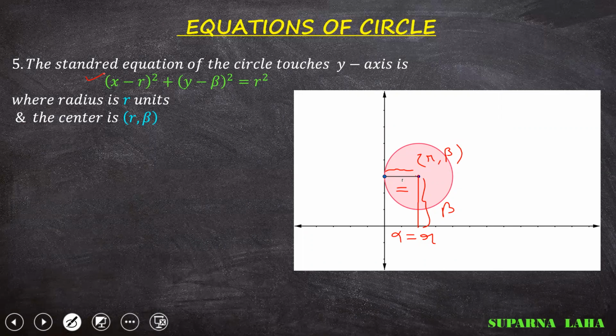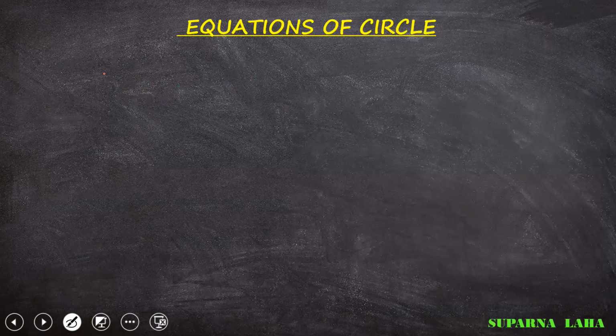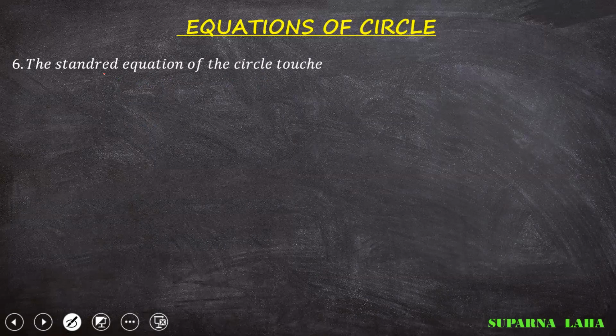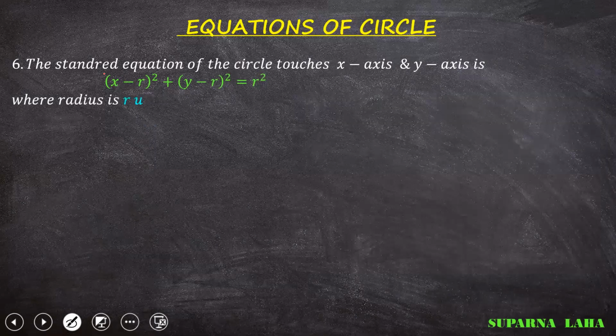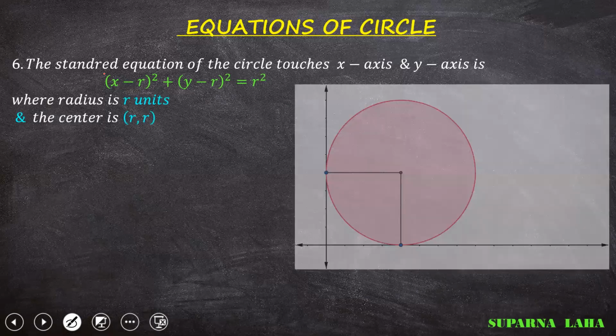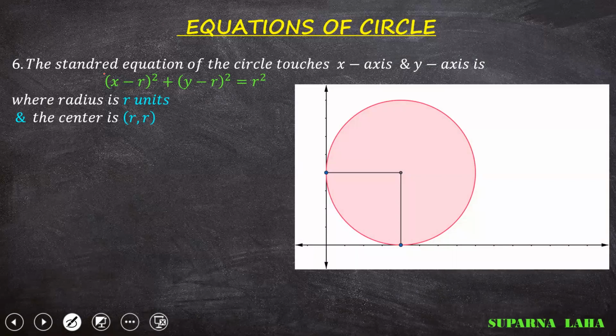Now if the circle touches both axes, that is the x-axis as well as the y-axis, that time its equation is given by x minus r the whole square plus y minus r the whole square is equal to r square. How? For that, first of all draw the diagram. Now this is the point alpha comma beta. This is the center and this is the radius.